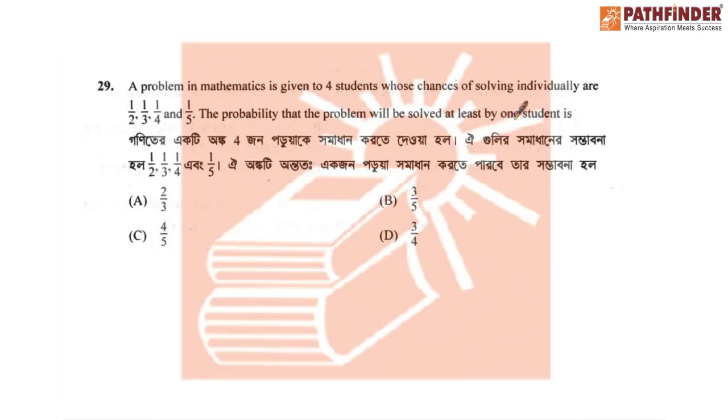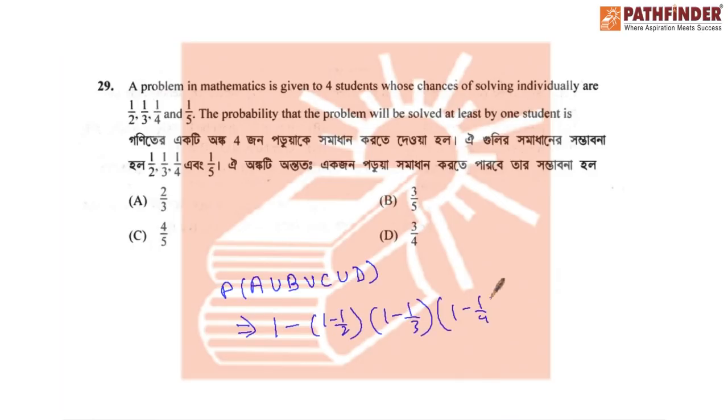At least 1 means P of A union B union C union D, either by A, B, C or D. So we can solve it as 1 minus the probability it is solved by none of them. 1 minus 1 by 2, 1 minus 1 by 3, 1 minus 1 by 4, 1 minus 1 by 5 is the probability that none of them have solved the question. So this is equal to 1 minus 1 by 5, which is 4 by 5, given in option C.